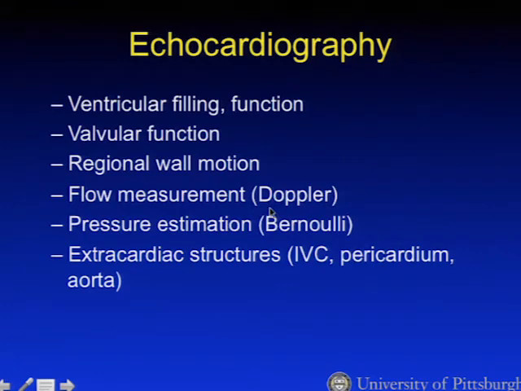We talked about the Doppler principle, and we didn't discuss the Bernoulli principle, but you're all familiar, I'm sure, with the concept of estimated RV systolic or pulmonary artery pressure from the tricuspid regurgitant jet velocity. It also gives you a lot of information about extracardiac structures that may be relevant in hemodynamically compromised patients, such as the pericardium or the aorta.